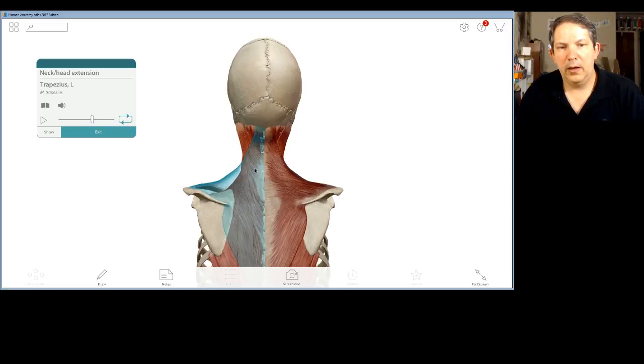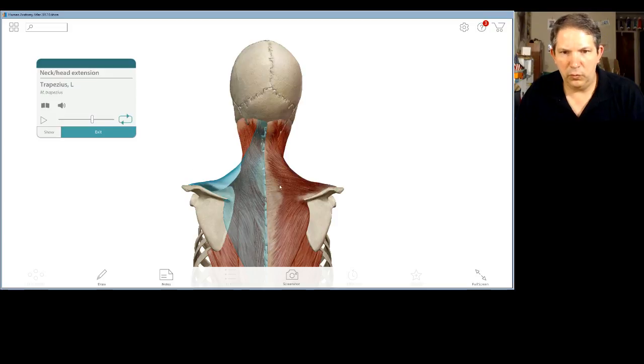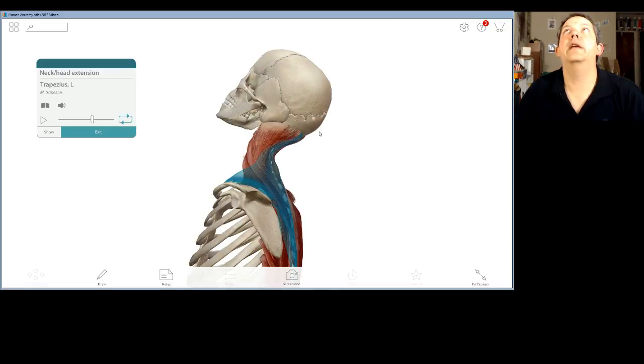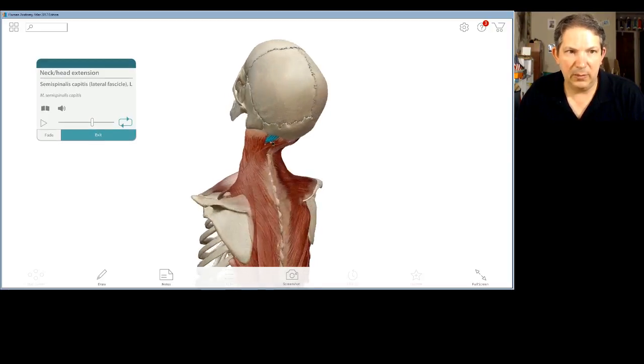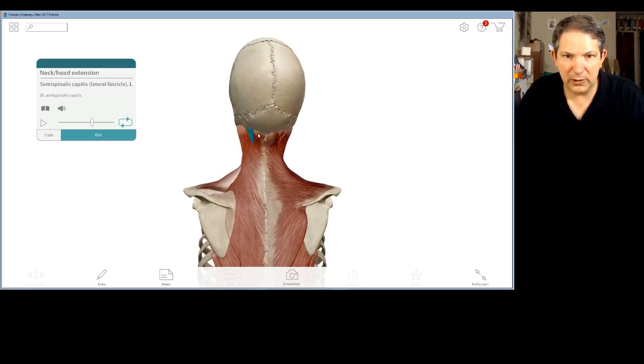It's got fibers running many directions, and it's pulling on the scapula, and it can pull on the head. So yes, it can pull the head and be involved in extension, along with the Splenius Capitis and the Semispinalis Capitis.